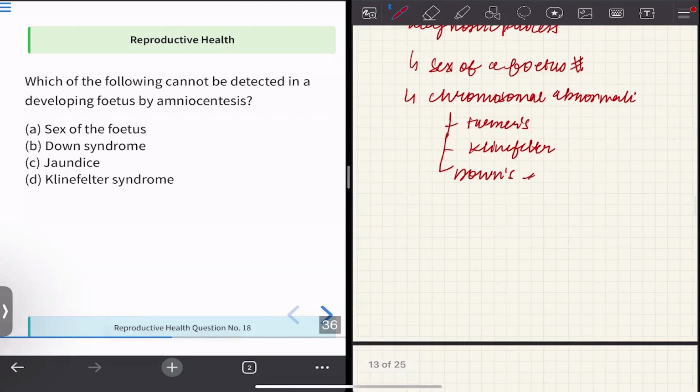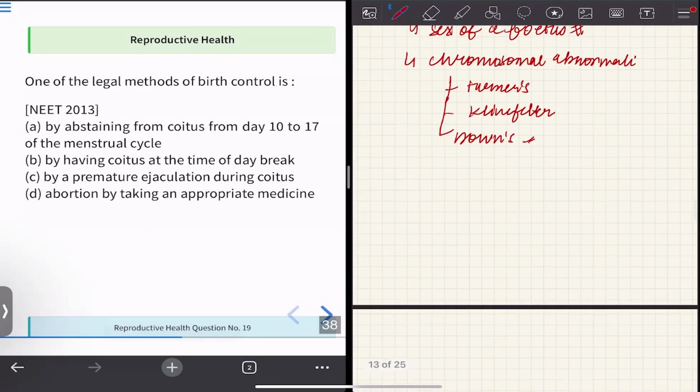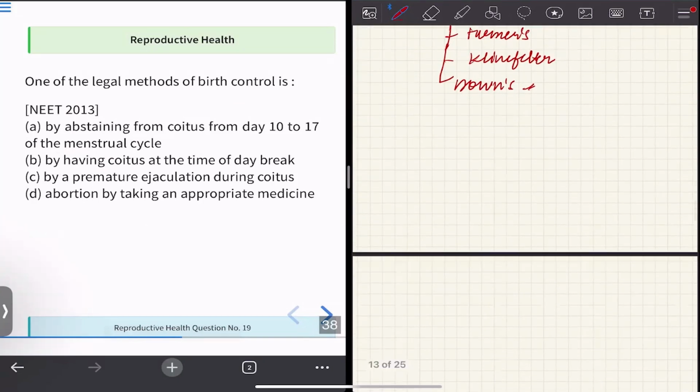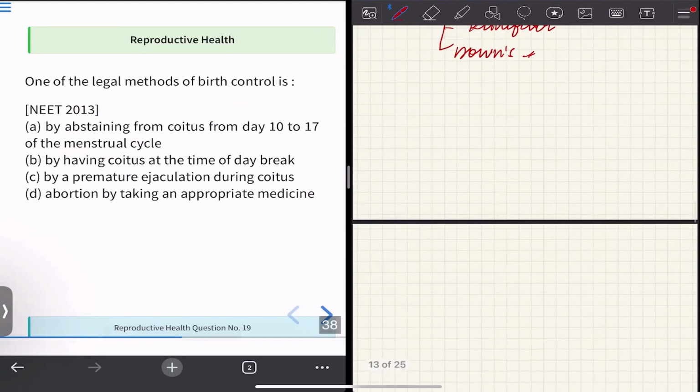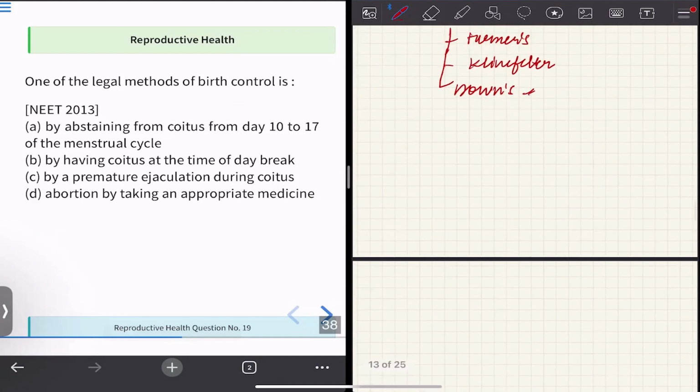Okay. So one of the legal methods of birth control, what is the legal method? We can have abortion by taking an appropriate method. The first one we have, question number 9. Abstinence is a natural method. There is no such method mentioned as option B, which is by having coitus at the time of day.